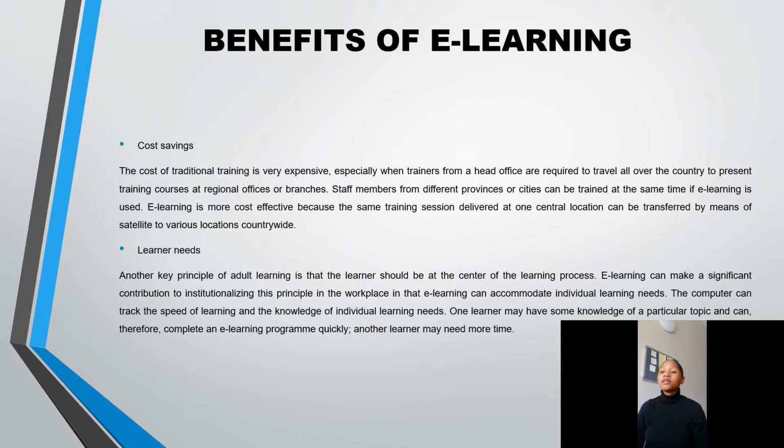One learner may have some knowledge of a particular topic and can therefore complete an e-learning program quickly. Another learner may need more time to complete the task. So what this means is that the training facilitators can track the progress of learners as to how well or how badly they are doing. So the computer gives feedback on the activities that the learners have taken during the training.